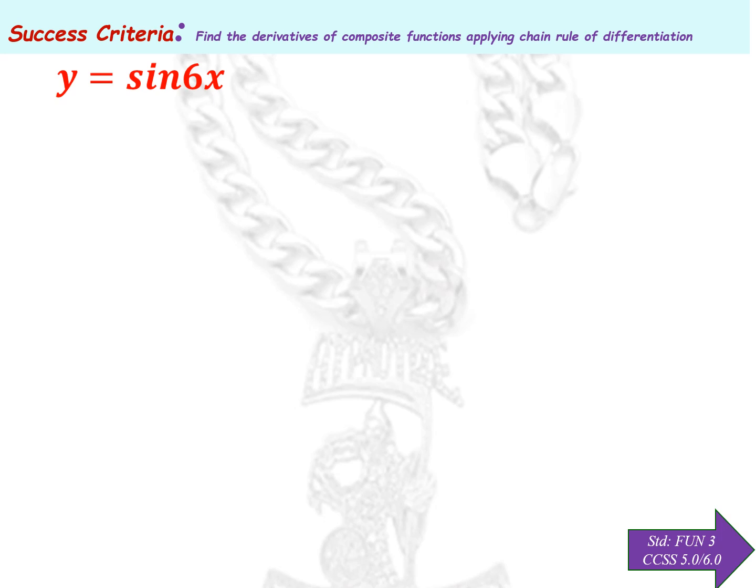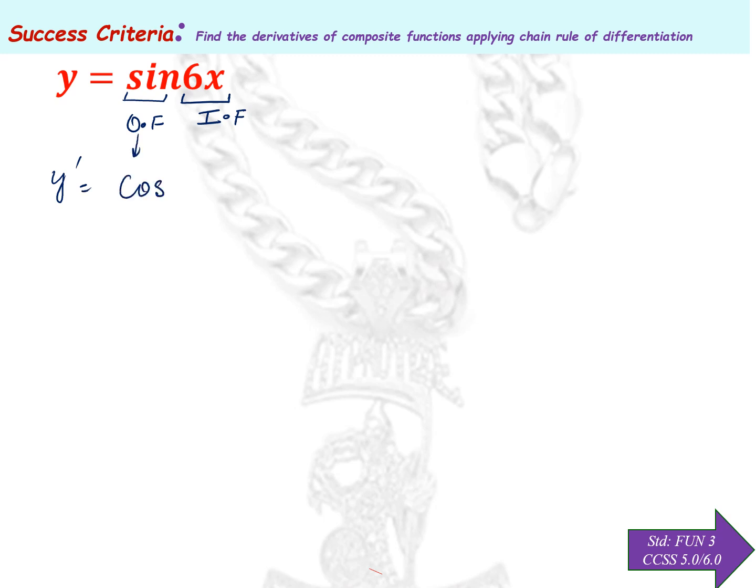So sine 6x, there is no power given to you. This means that sine is your outer function and 6x is your inner function. Now take the derivative. You know that the derivative of sine is cosine, right?